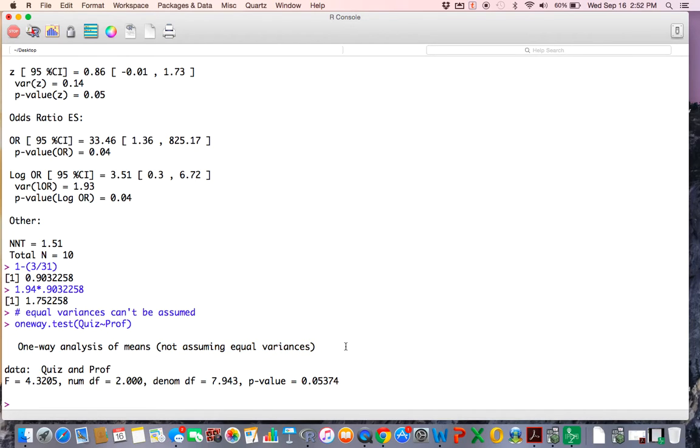But in this test, you lose power. You can tell that when we assumed equal variances, our p-value was 0.025, I believe. But when we don't assume equal variances, our p-value is higher because we can't assume equal variances.